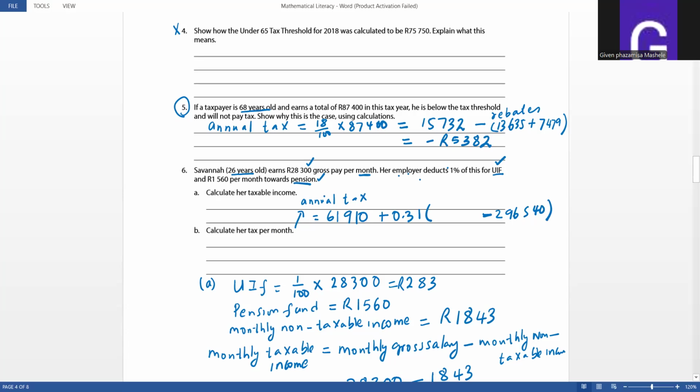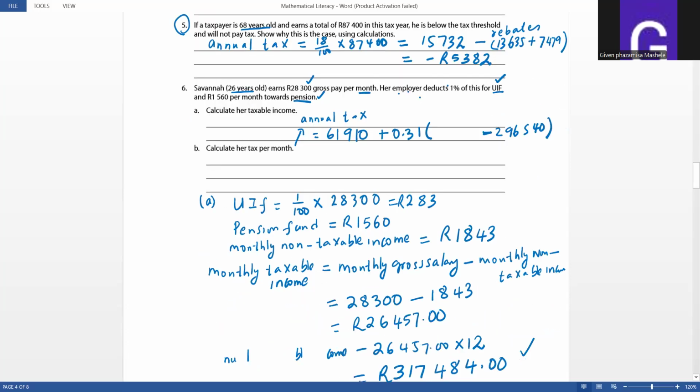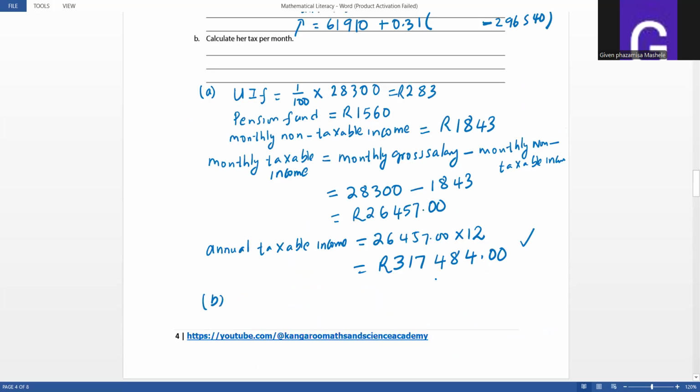What is this annual tax? It's 31%. So we take 317,484 and subtract this.